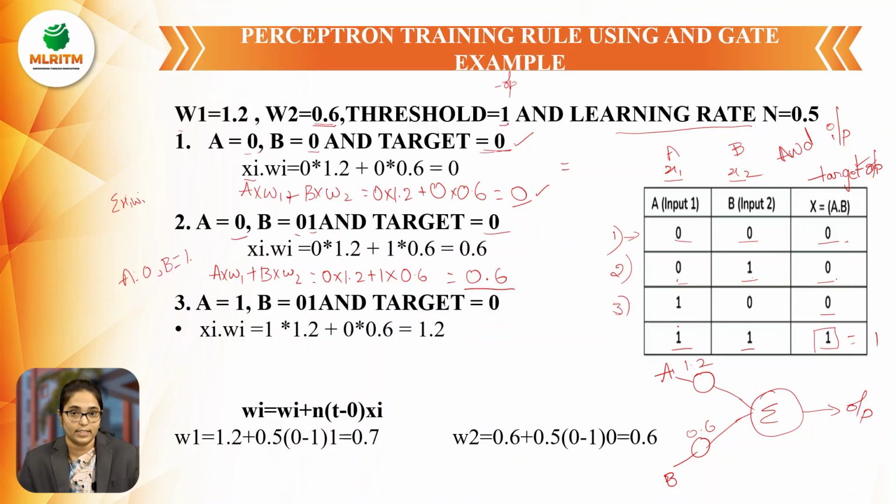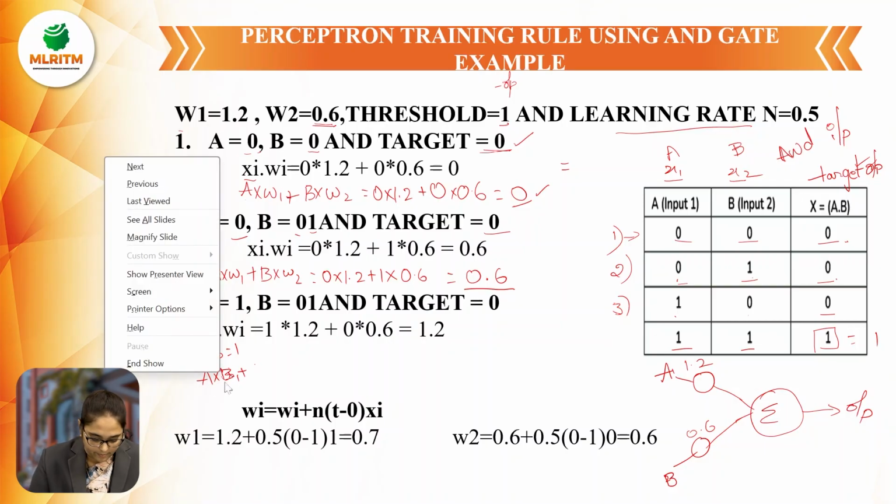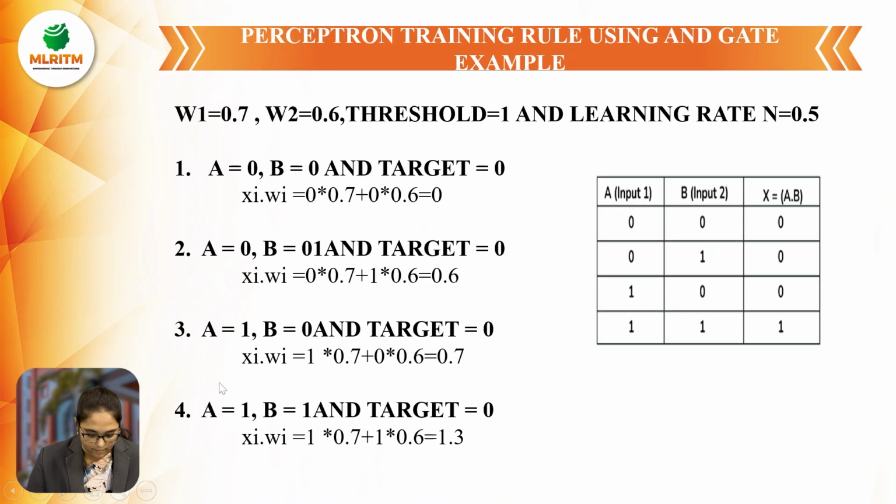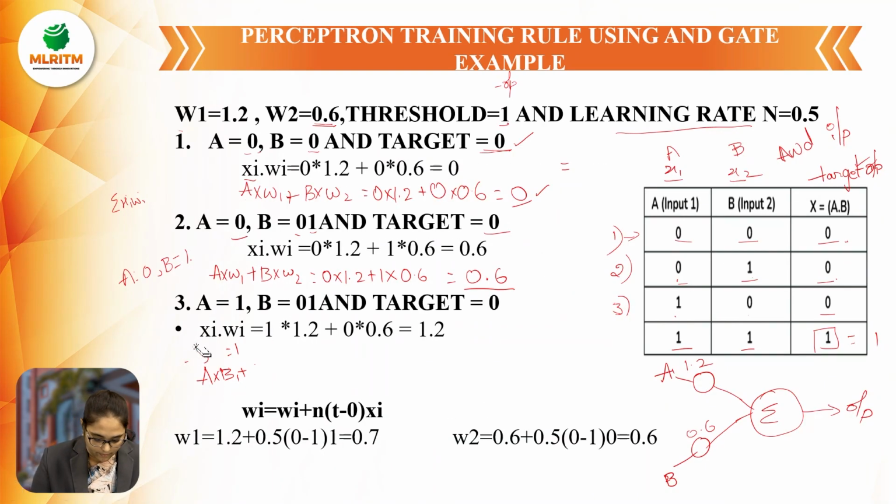The next input value is a 1 and b 0. So a value is equal to 1 and b value is equal to 0. So the sum is a into w1 plus b into w2.